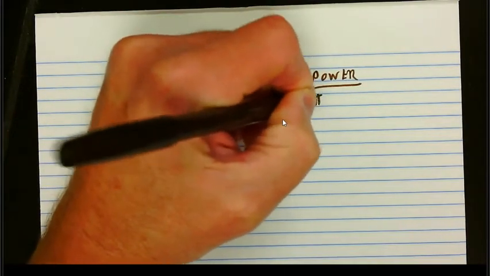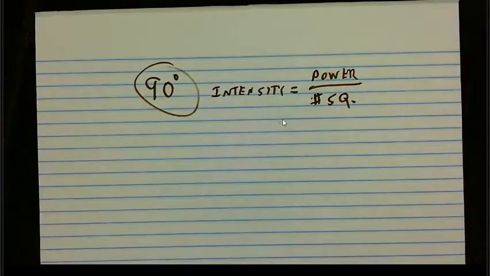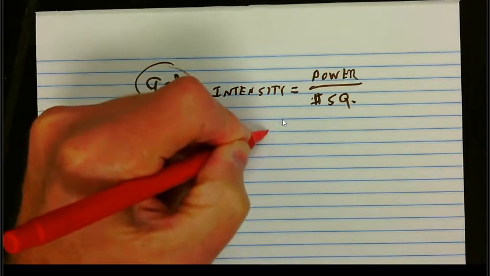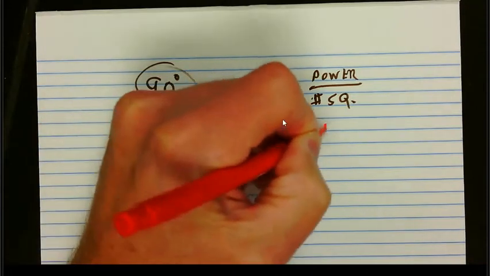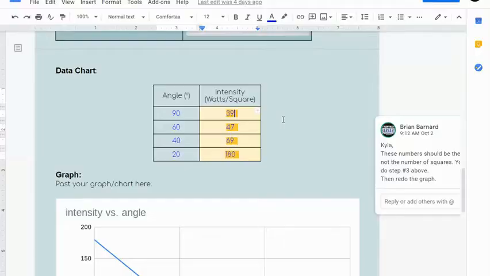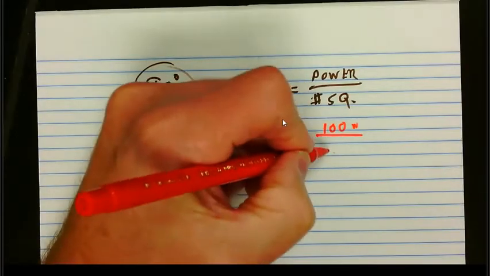To calculate the intensity, we're going to take the power divided by the number of squares. In this case, the power was 100 watts. So intensity equals 100 watts divided by the number of squares, and you said that there were 39 squares.